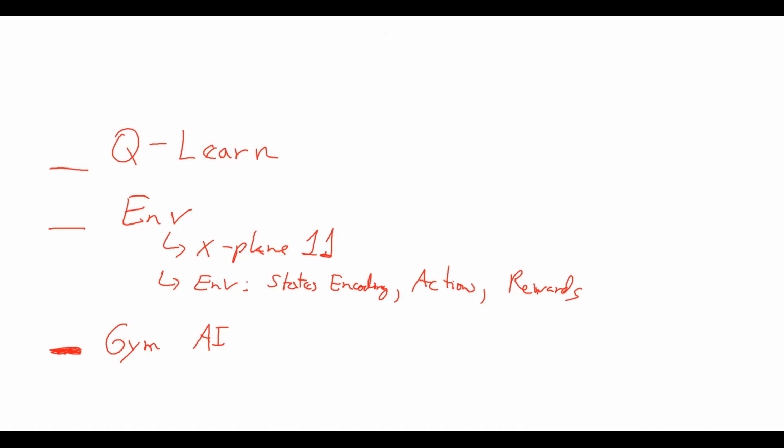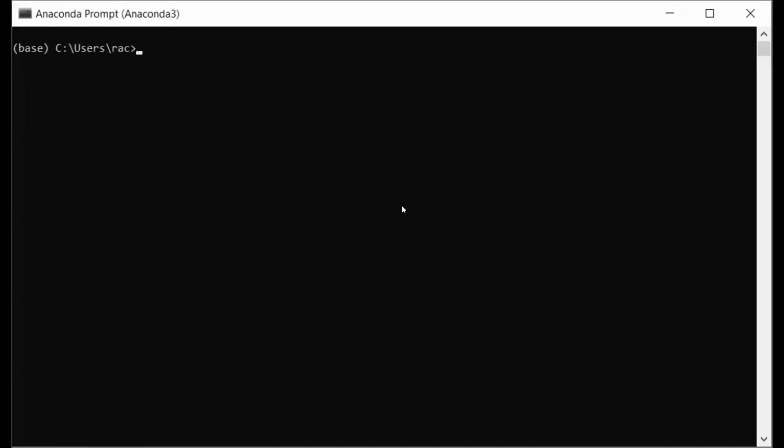So I'm going to bring up the Anaconda prompt. Okay, I'm going to share that. So I'm in the Anaconda prompt here, and then I'm going to go into the desktop. And then I'm going to go into this course.